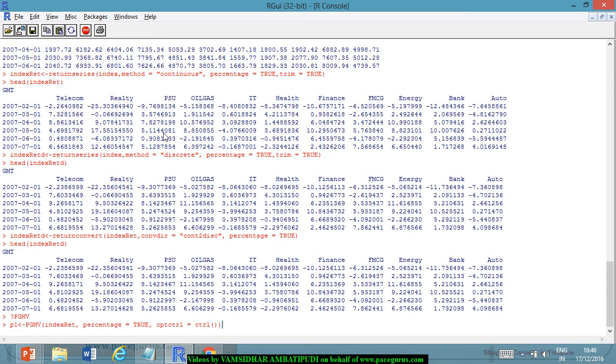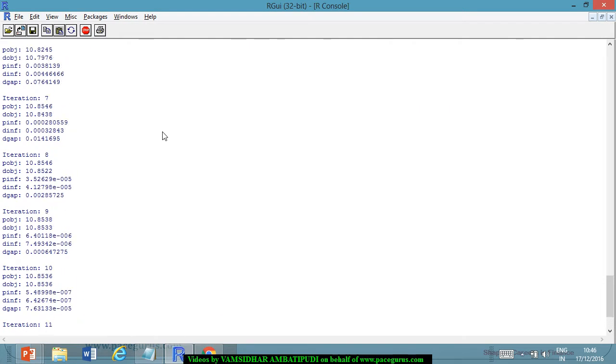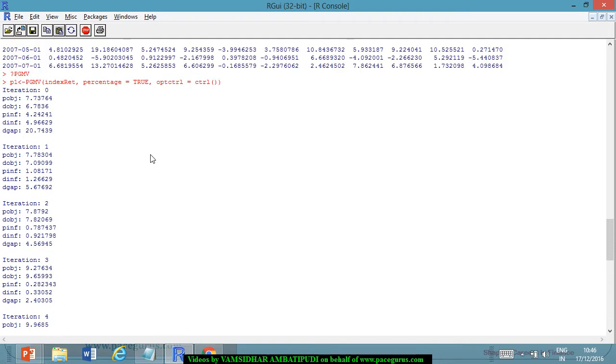So in this case, this is what we are working out to create a portfolio which is having a global minimum variance. It's a kind of an iteration process, as we could see, right? It is working out across the iterations.